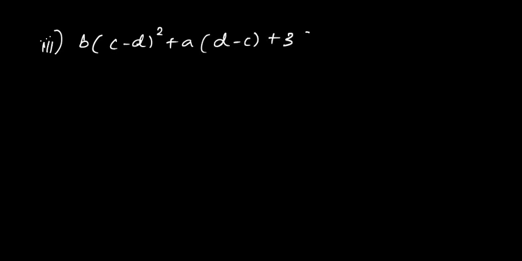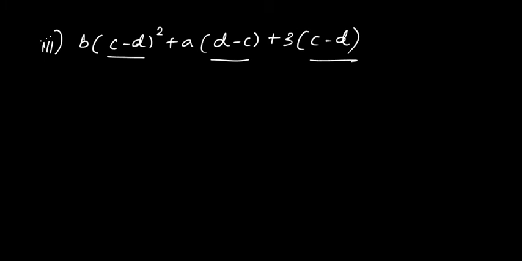Third question, b into c minus d the whole square plus a into d minus c plus 3 into c minus d. So here we have c minus d, d minus c and c minus d.